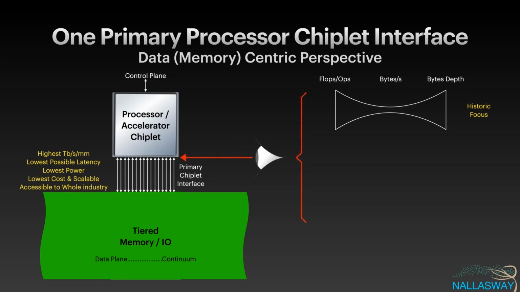But the bytes per second, i.e. getting data in and out of the processor, has been a sad reflection on focus, and as a result, we've got all these caching hierarchies to get over this von Neumann bottleneck. So I think the focus that we need to have in the ODSA is that we need to put the bytes per second in the middle of our focus right now to go forward, and that's I/O and memory.